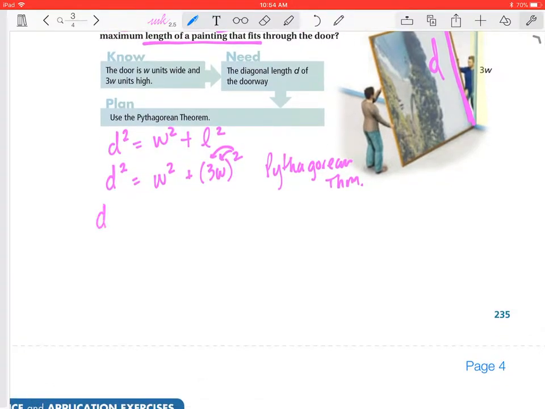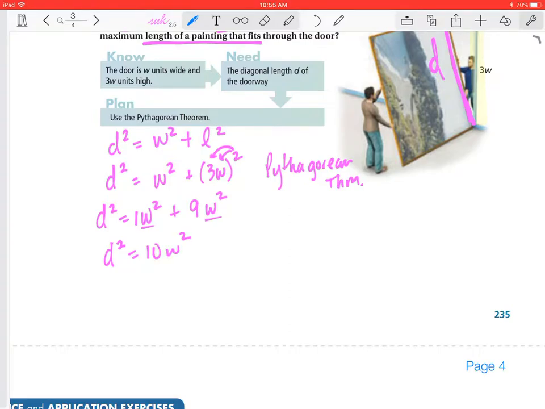So I'm going to rewrite this as d squared is equal to w squared plus 9w squared, because 3 squared is equal to 9. Now I can combine like terms. The bases are the same and the exponents are the same, so I can just add these, and essentially there's a 1 in front. So then d squared is equal to 10w squared.